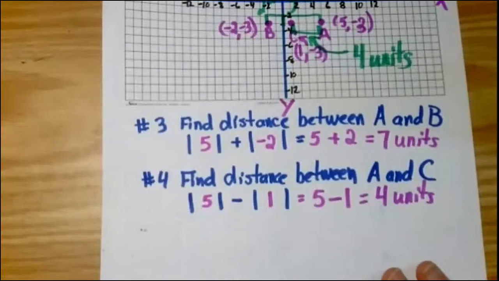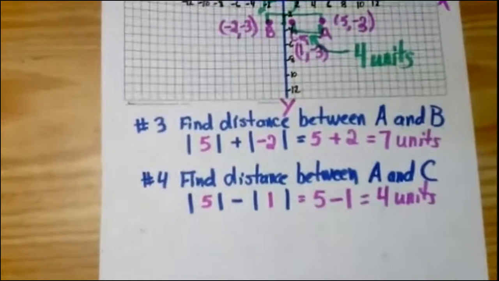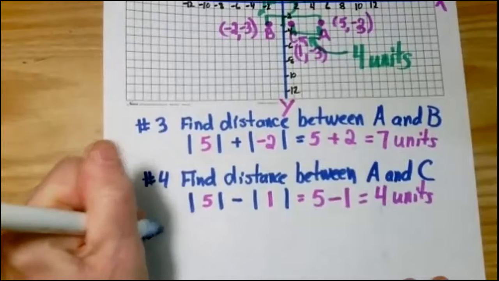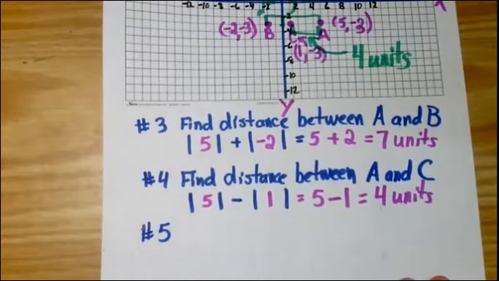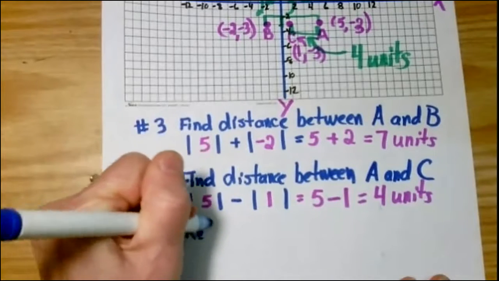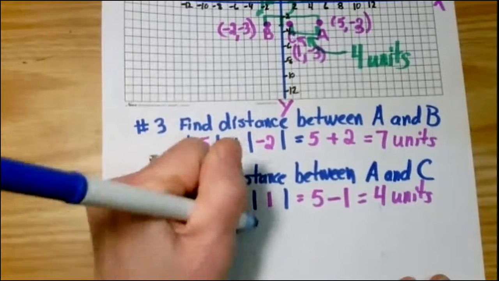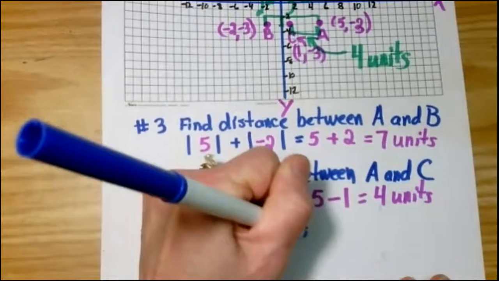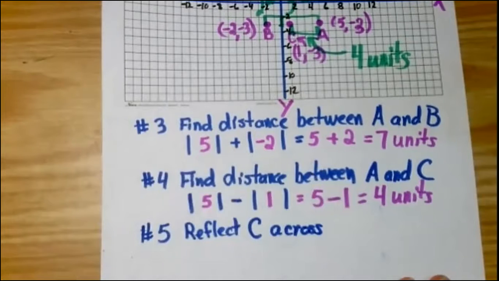Okay, number 5. Number 5 is asking us to plot the reflection of point C across the y-axis. So we're going to reflect C across the y-axis.